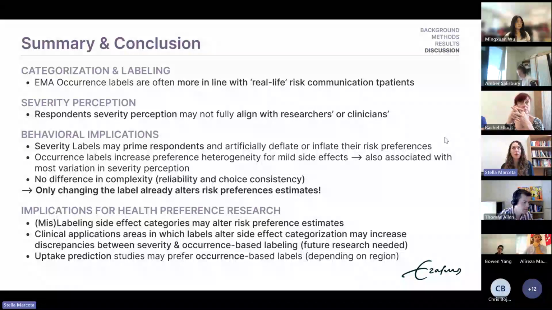That somewhat makes sense because that was where the most discordance was between whether they perceive it as mild or not. So that was also what was associated with the most variation.